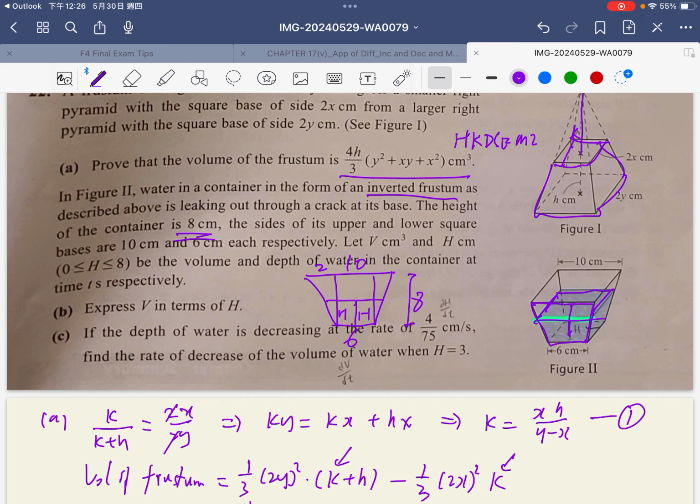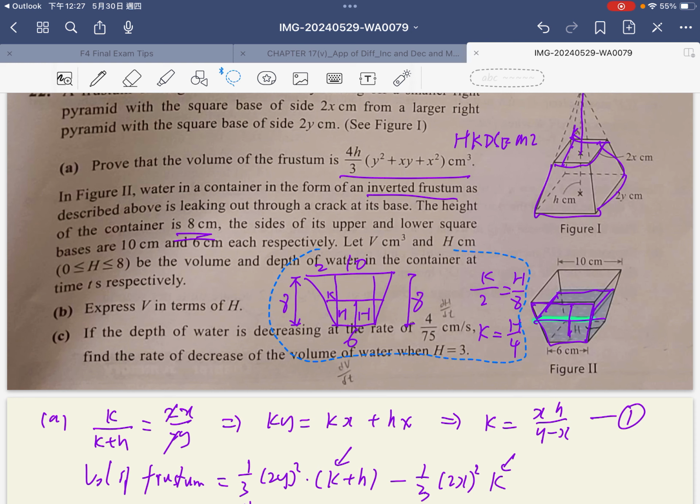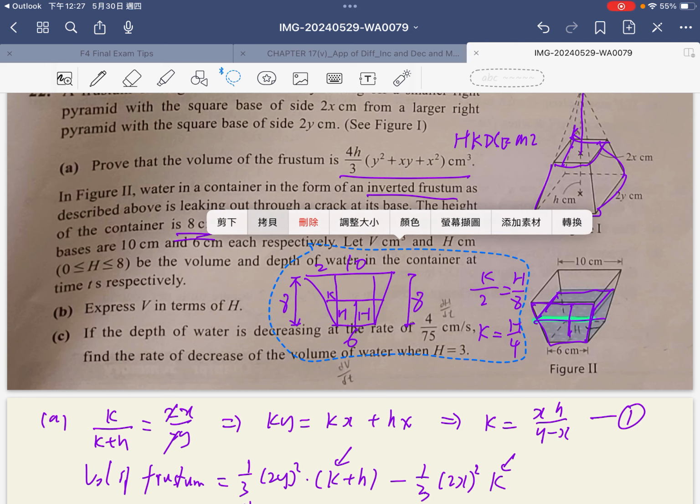The height of the trapezium is 8, and let this length be K. Therefore, we have K over 2 equal to H over 8, and then K equals H over 4.